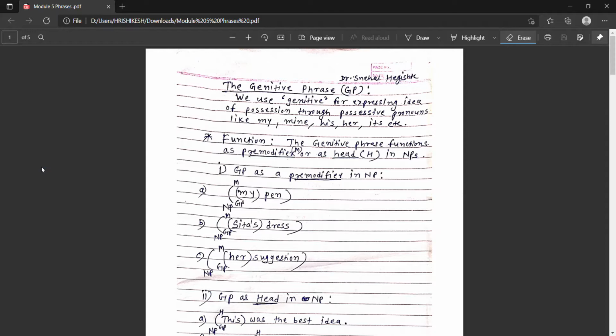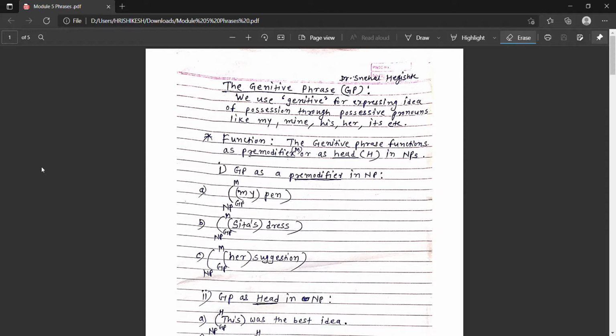Genitive phrase functions in NPs. The first function is that of a pre-modifier and the second one is a head. These are the two important functions played by GP in NPs. First of all, we can discuss certain examples of pre-modifiers.